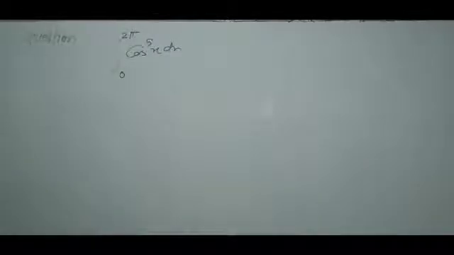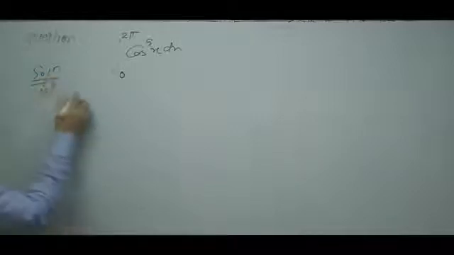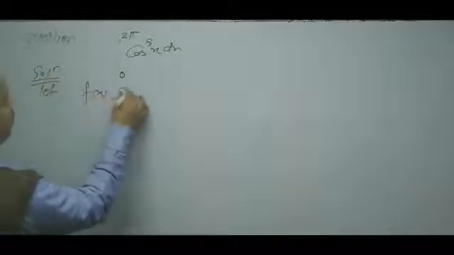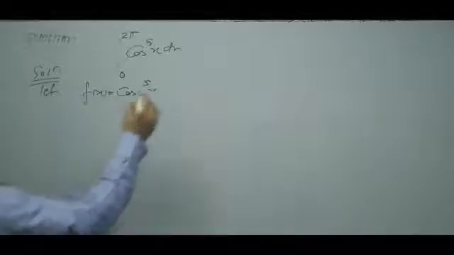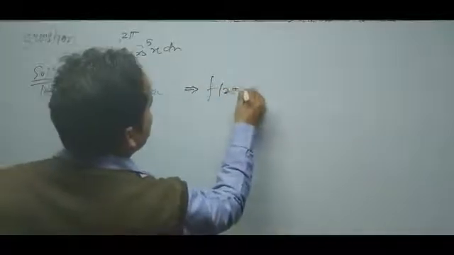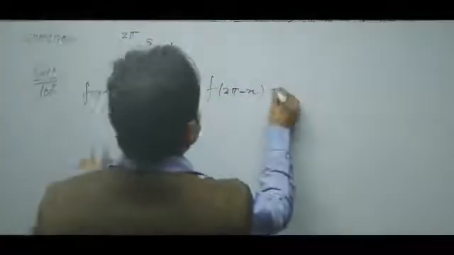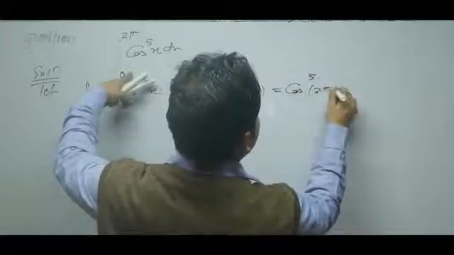So cos to the power 5 x dx, is this odd or even? So let f(x) is equal to cos to the power 5 x, we have considered. Now this is given 2 pi, so f of 2 pi minus x, what can we write? The result is cos to the power 5 of (2 pi minus x).